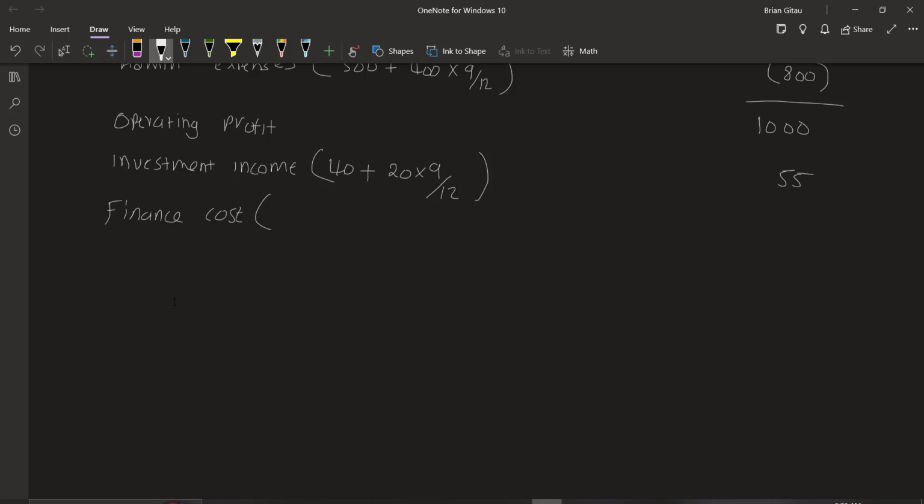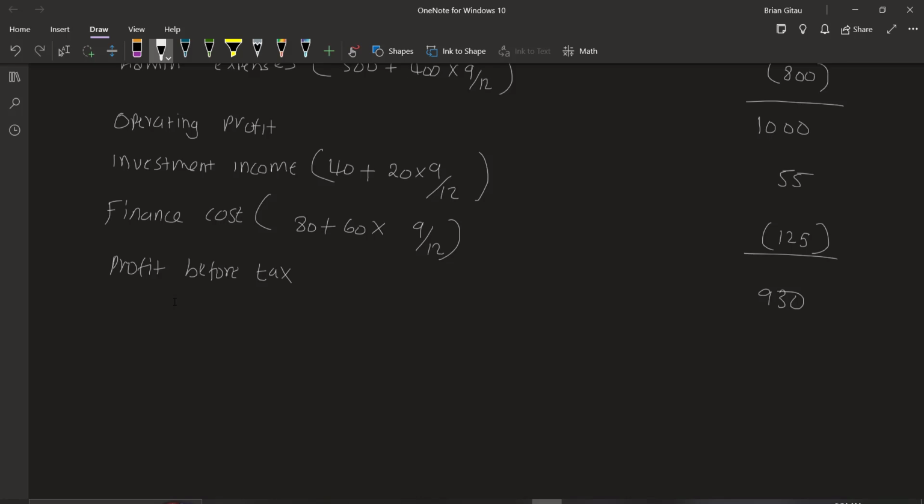Finance cost we take 80 plus 60 times 9/12, and that is giving us 125. Get the profit before tax. The profit before tax is giving me 930.